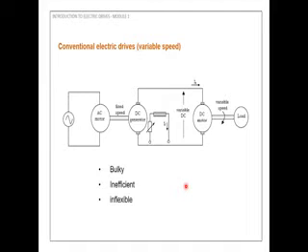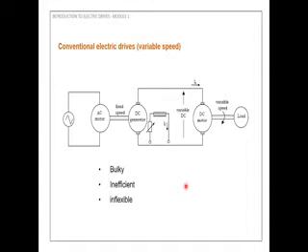This is the conventional or traditional method used to control the speed of the motor. But the drawback is that in order to control the speed of the motor, we are using two more electrical devices, that means an AC motor as well as a DC generator. The cost is very high due to the larger number of components.